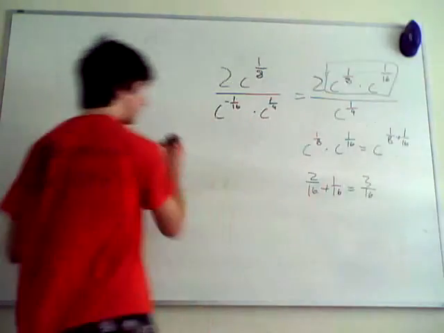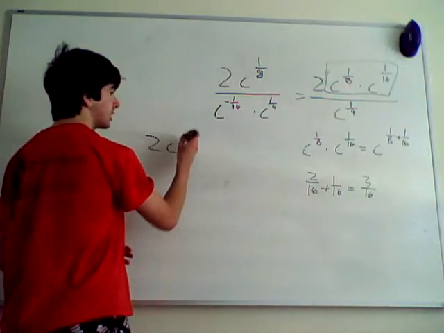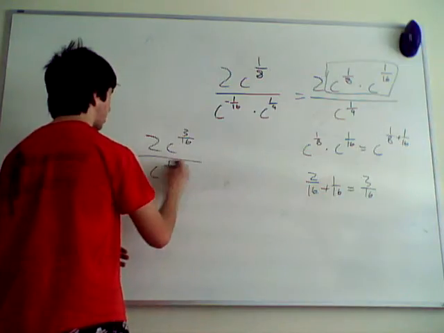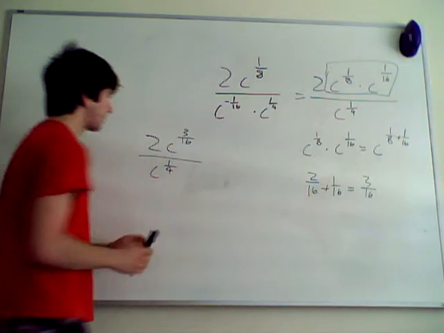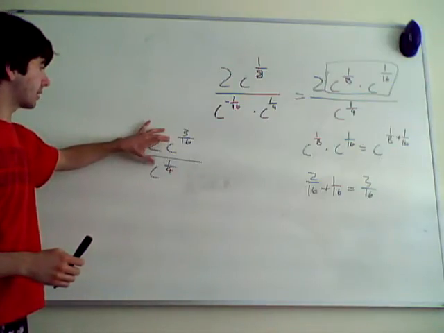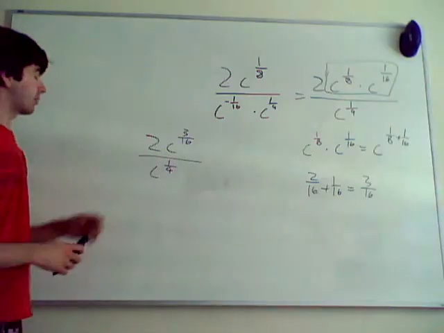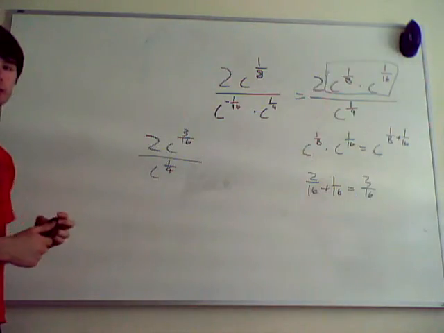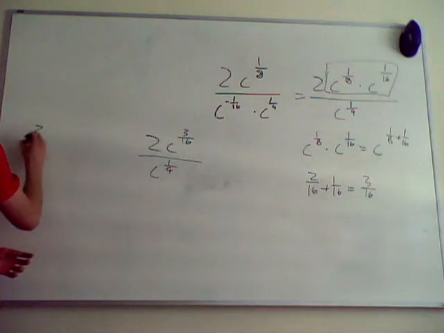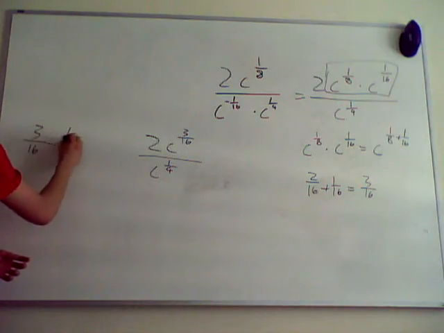So your top is simplified, 2c to the 3 over 16, and you're dividing by c to the 1 over 4. Now, again, remember what I told you about when you have them dividing, you just subtract. So what you do is 3 over 16 minus 1 over 4.